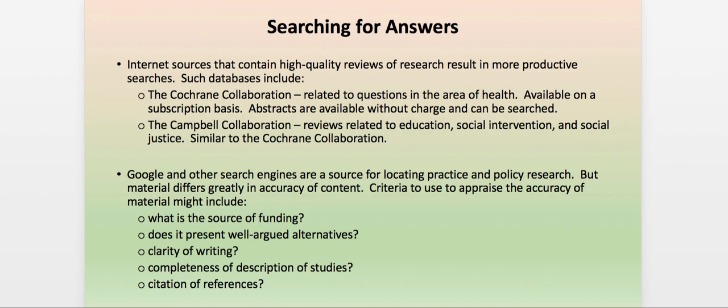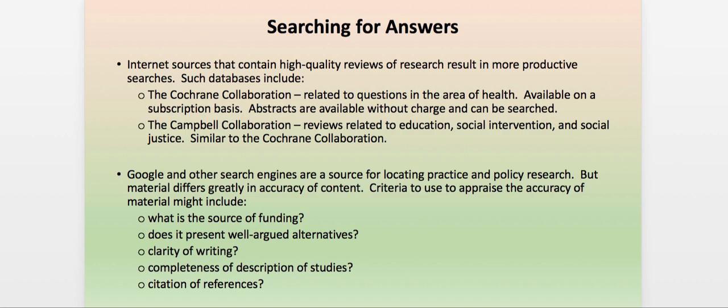But you know, we Google a lot, and when you use search engines, Google or whatever it might be, they're a good source for practice and policy research. But you have to be careful, because the material out there differs greatly as far as accuracy goes, and some people can put together some great web pages, and the Google results, I believe, have to do with popularity of searches and things like that, not necessarily accuracy.